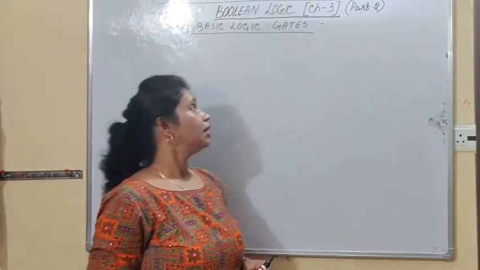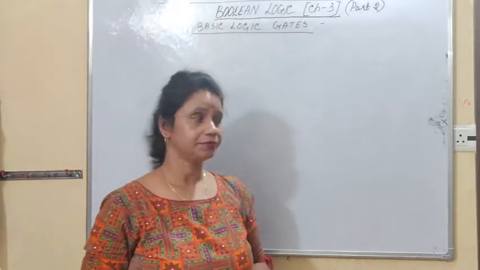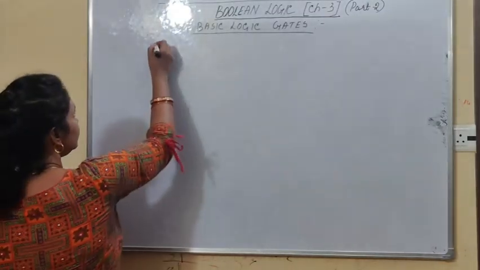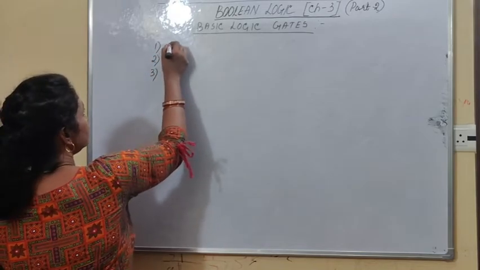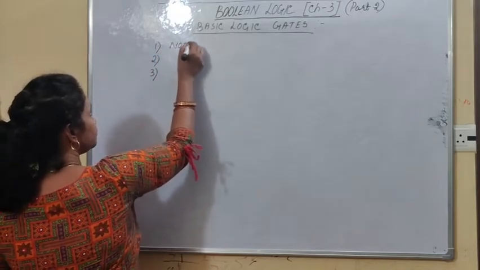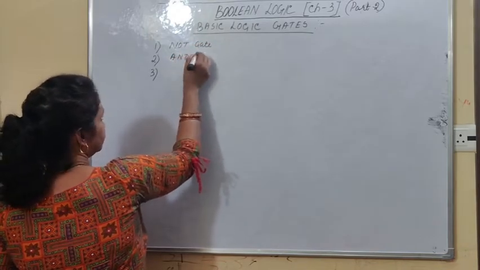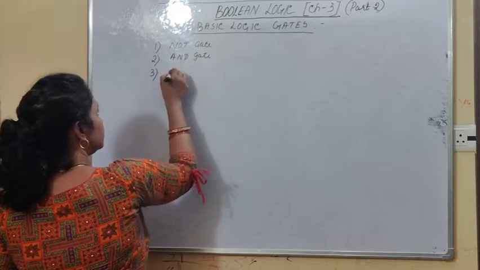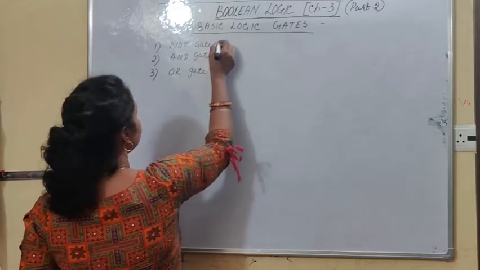So here, how many basic logic gates do we have? Basically, we have 3 basic gates, that is your NOT gate, AND gate, and OR gate.